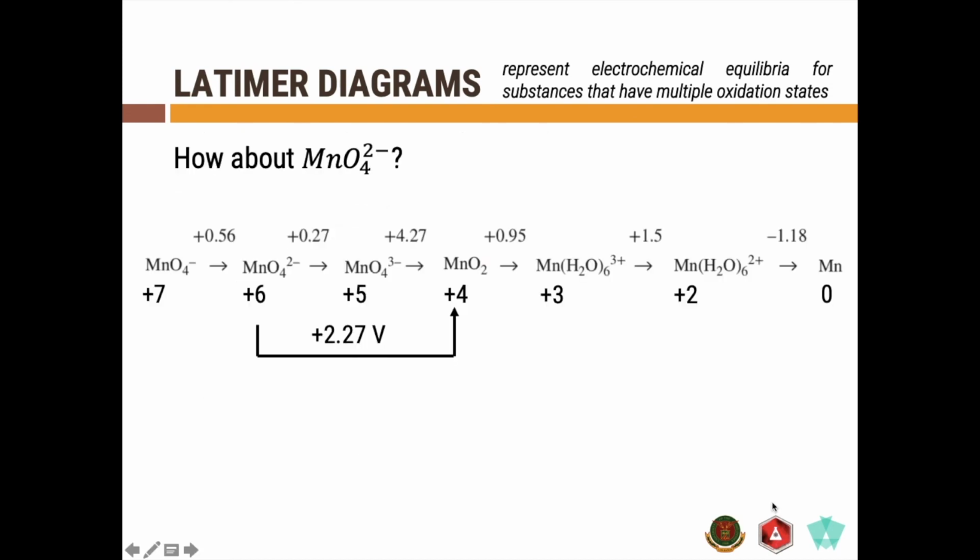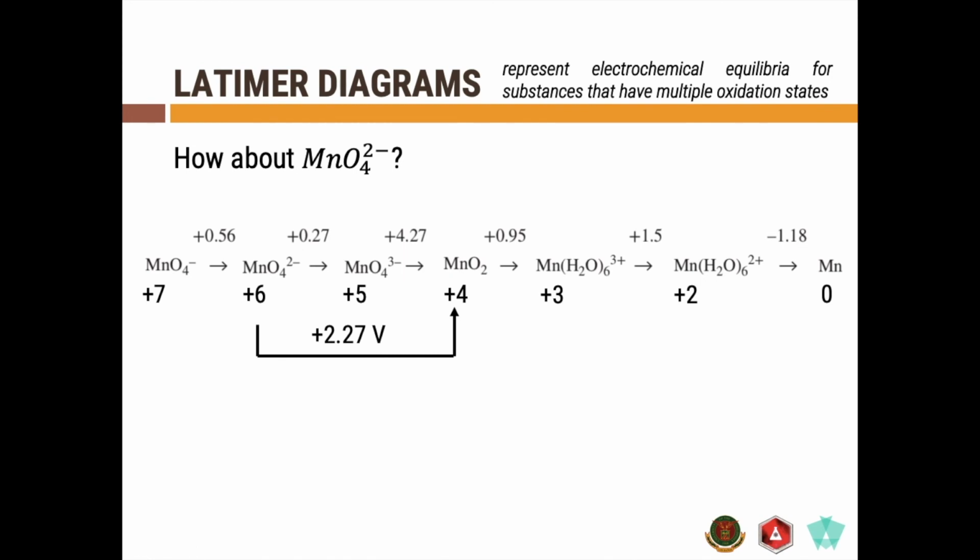So going back to the question, will MnO4 2 minus disproportionate under acidic conditions? If we look at what we have solved earlier, the conversion of MnO4 2 minus to MnO2 gives us a standard reduction potential equivalent to plus 2.27 volts.